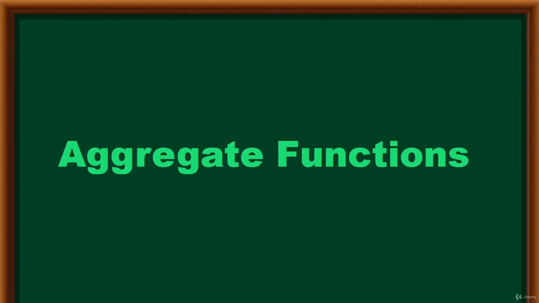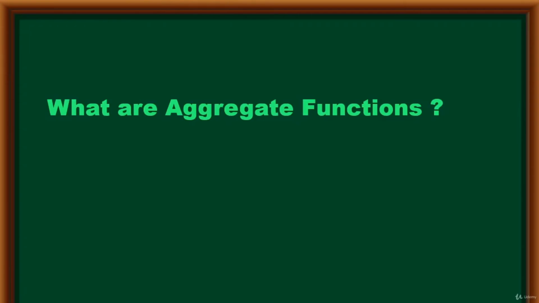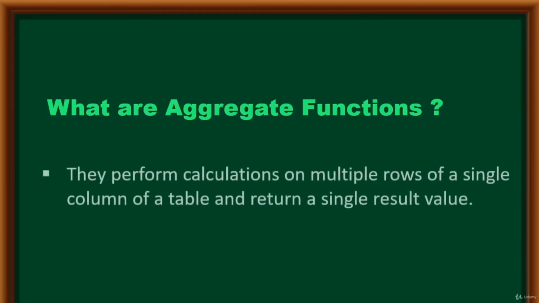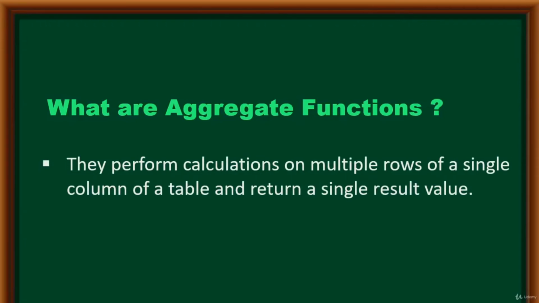Hello and welcome. In this video, I'm going to introduce you to aggregate functions. What are aggregate functions? Aggregate functions are functions that enable you to perform calculations on multiple rows within a single column of a table, and return a single value as the result.